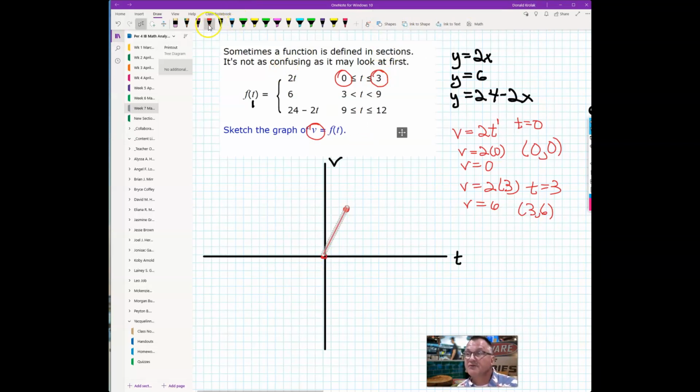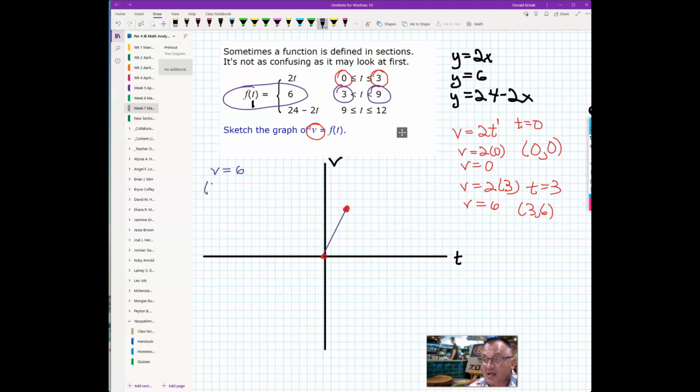Now we do it for the next section here. This one's pretty straightforward because it's just going to be a horizontal line. So v is equal to 6. When I take these values for t, there's no place to put them. The y value is always 6.